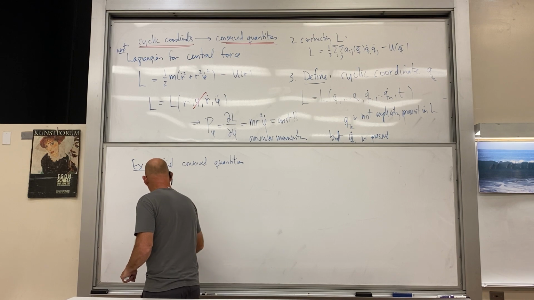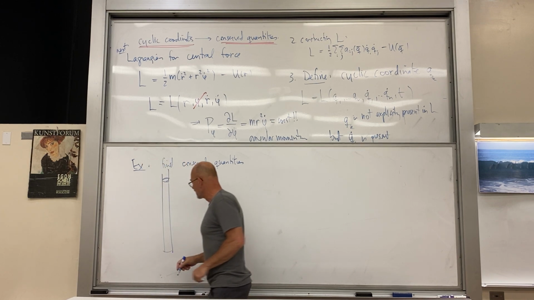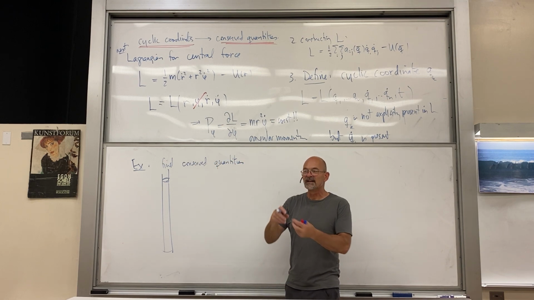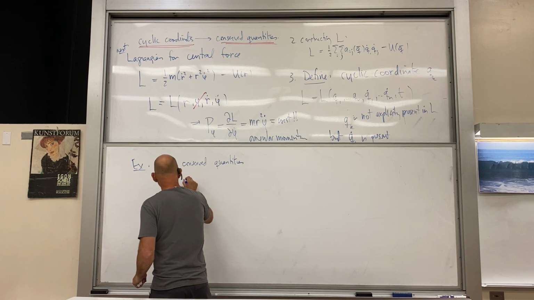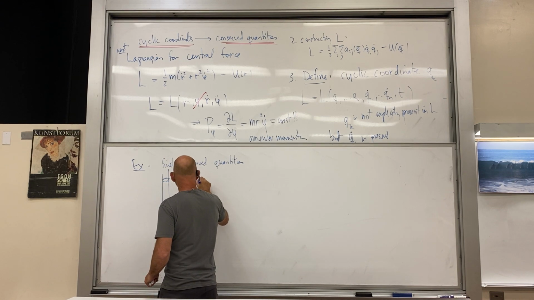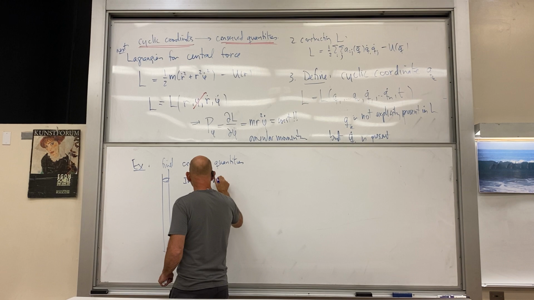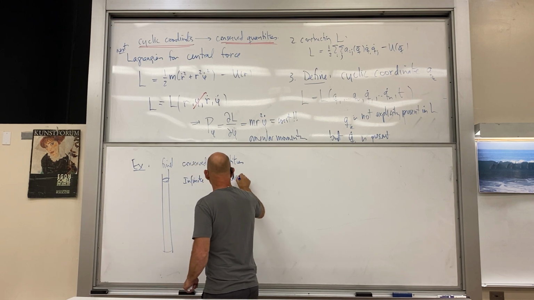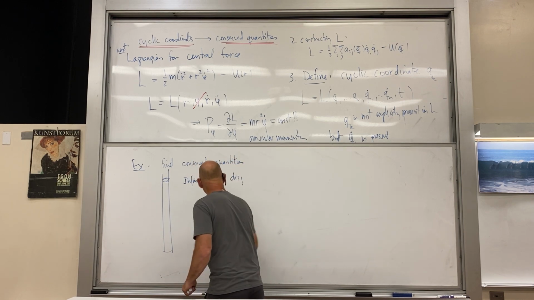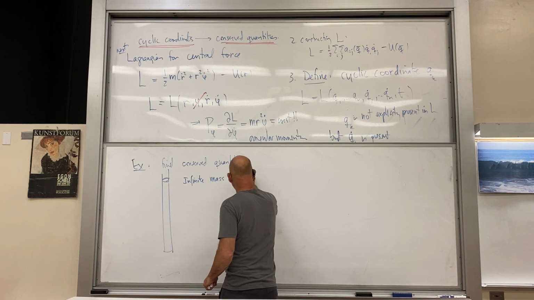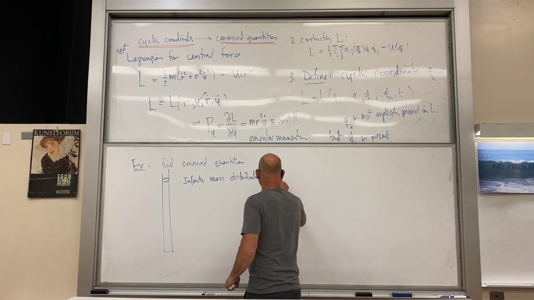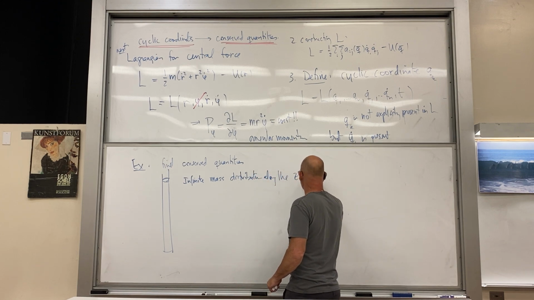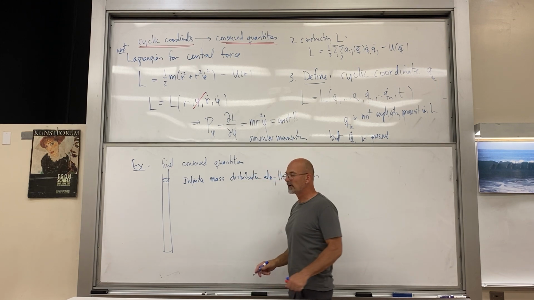We have an infinite mass distribution along the z-axis, and we want to know what's conserved.